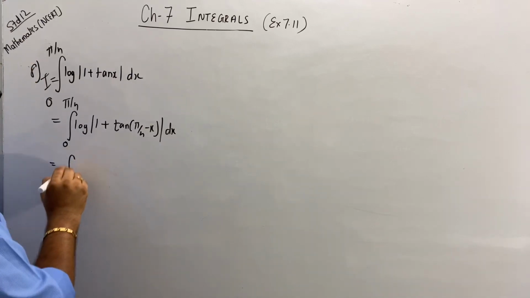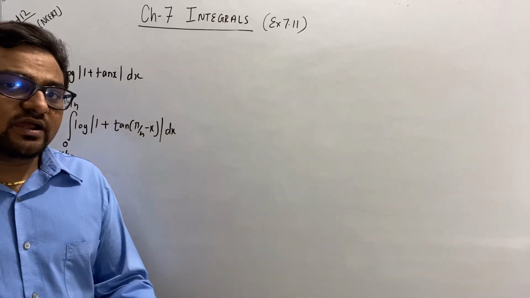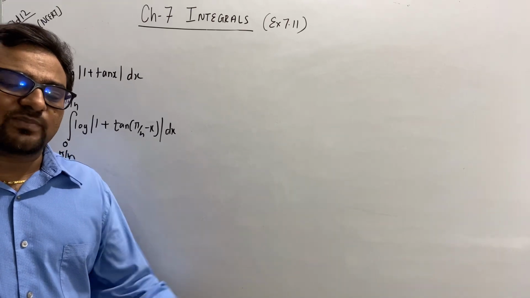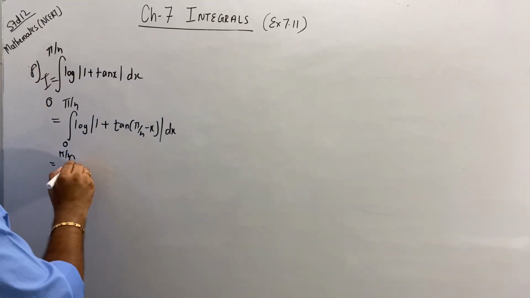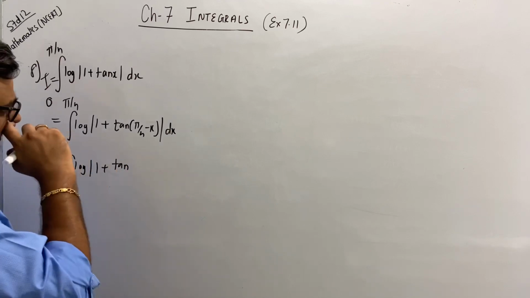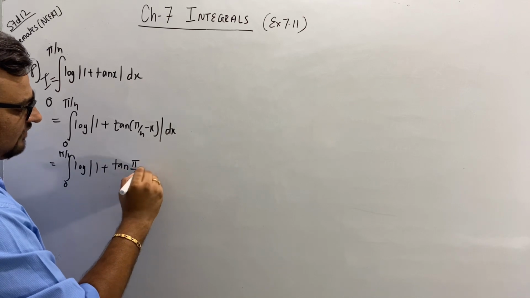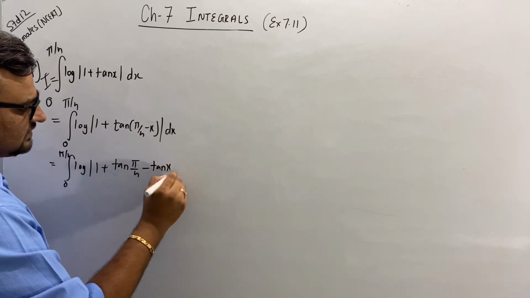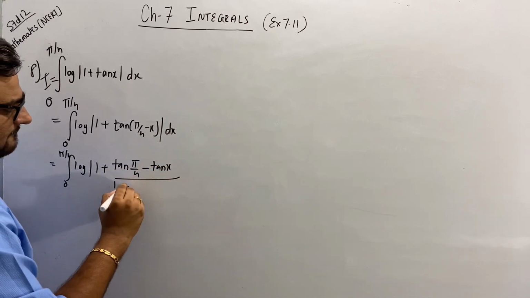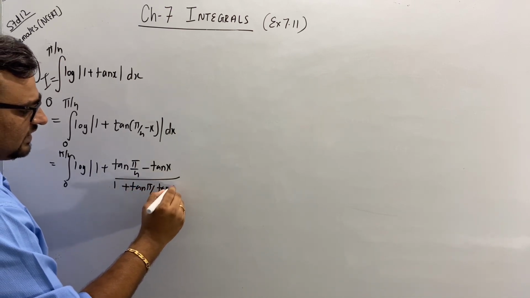So using the formula for tan of alpha minus beta, that is tan alpha minus tan beta upon 1 plus tan alpha tan beta, this will be log 1 plus (tan pi by 4 minus tan x) upon (1 plus tan pi by 4 tan x).